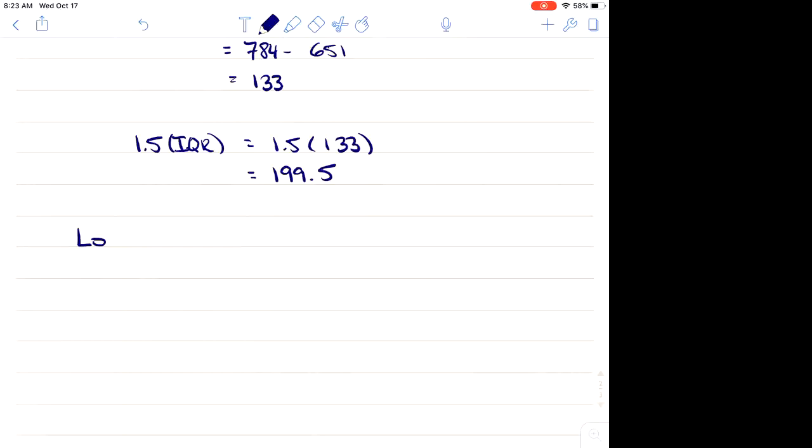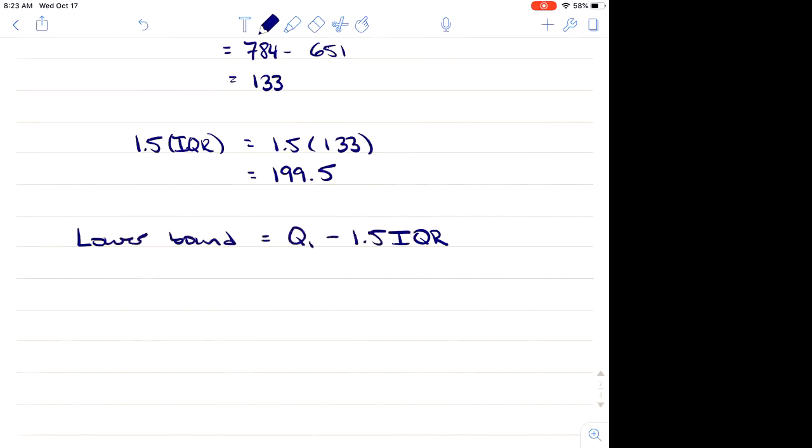So this part is not on your formula sheet. The lower bound is Q1 minus 1.5 times the interquartile range. The reason I don't put it on your formula sheet is because this is conceptual.